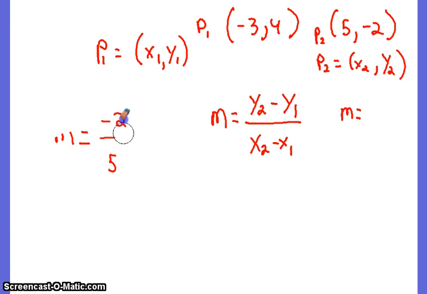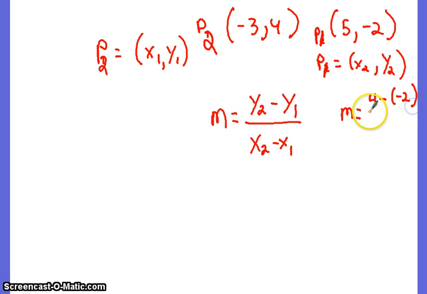Now, let's do something a little bit different. What if this first one was P2 and the second one was P1? Okay, so what would that do to what we just did? All right, let's find that out. So now, let's take that same formula, but now we have 4 minus -2 over -3 minus 5.